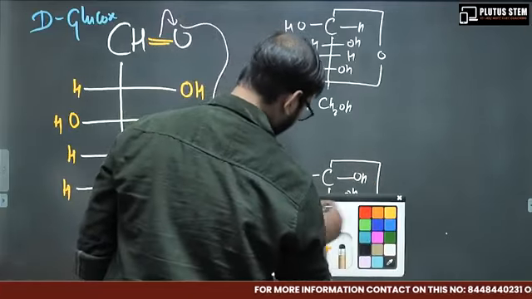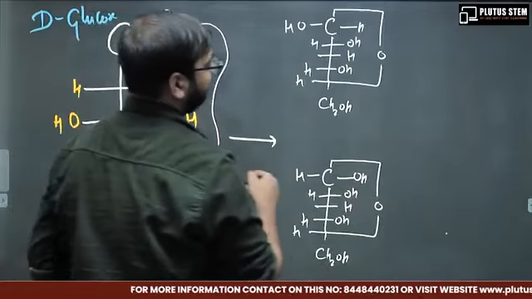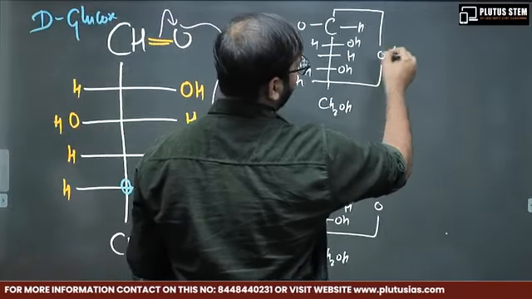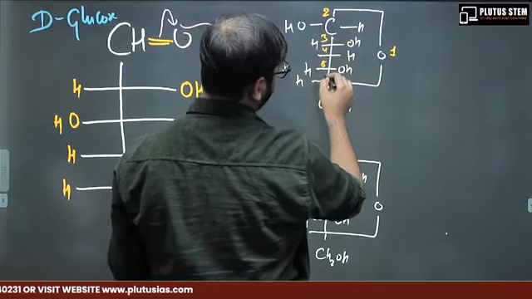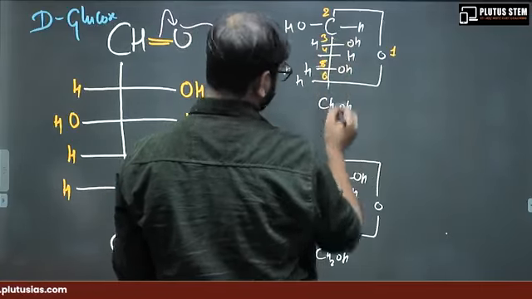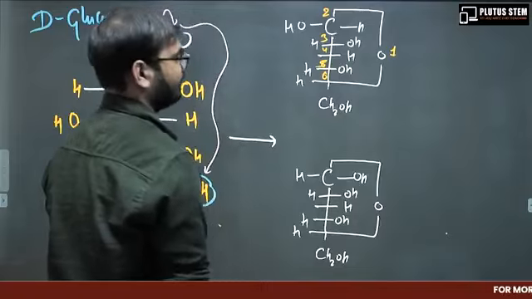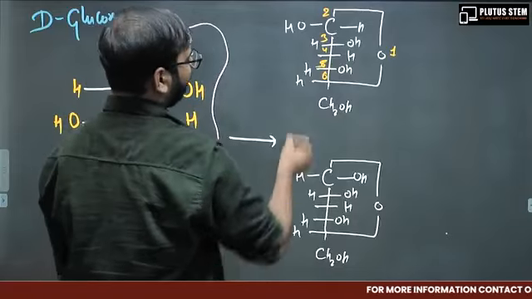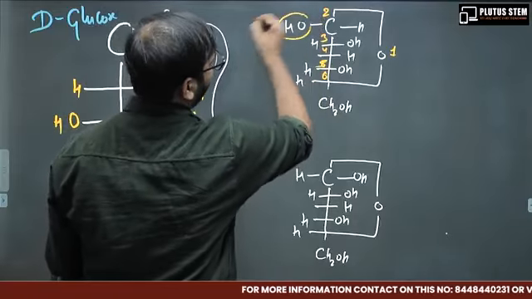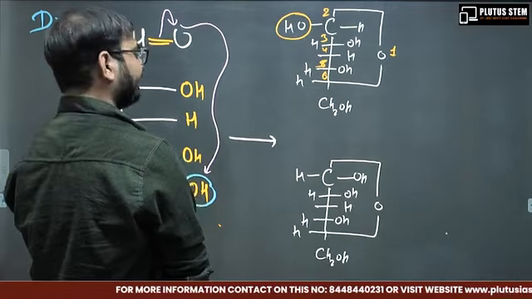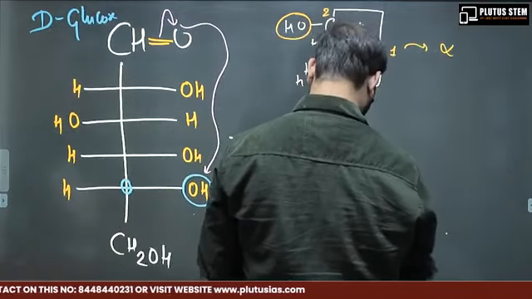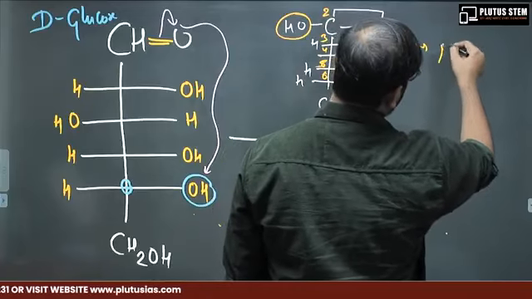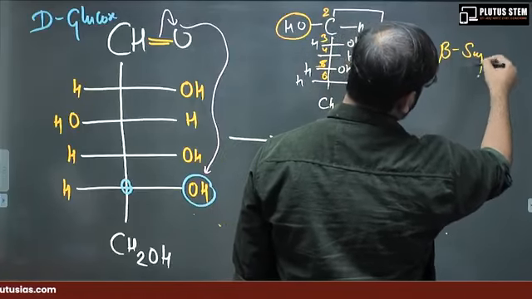So let's first look at it. The cyclic ring that I have: first oxygen atom, second carbon, third, fourth, fifth, and sixth. So this is a 6-membered ring. Same is the case with the below one. Now, the cyclic structures having OH on the outside of the ring are called beta sugars.